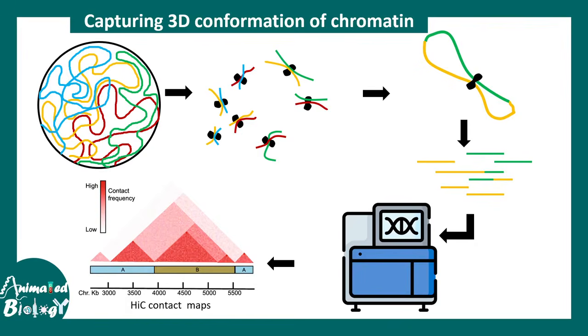There are specific methods known as 3D conformation capture, which can capture the 3D conformation of chromatin and can tell us which locations in the genome come close in 3D space and time. These methods can give us a contact map. In a different video, we'll talk about Hi-C in much more detail.